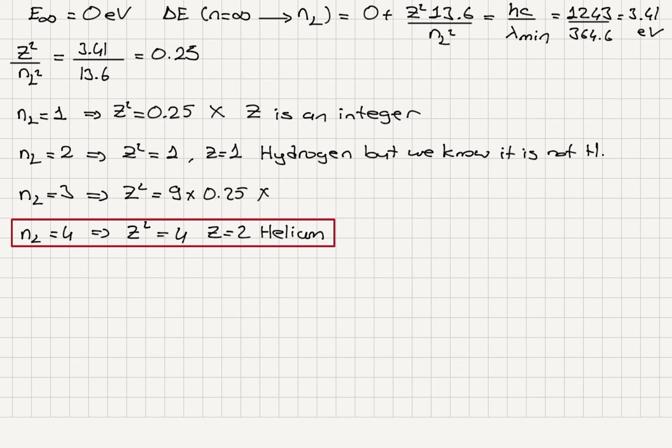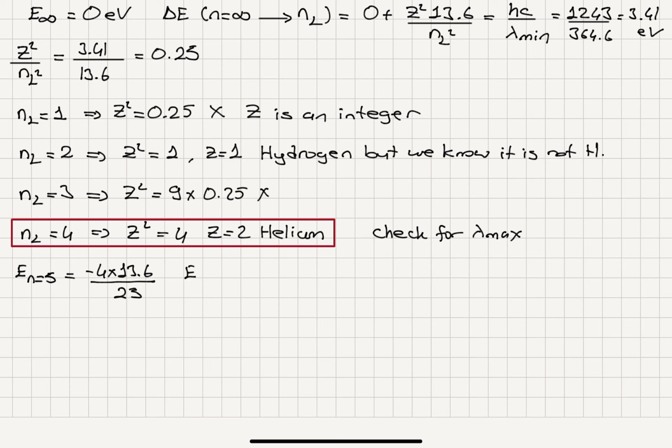Now let's check for lambda max. The energy of the n equals 5 level is minus 4 times 13.6 eV divided by 25, and the energy of n equals 4 level is minus 4 times 13.6 divided by 16.